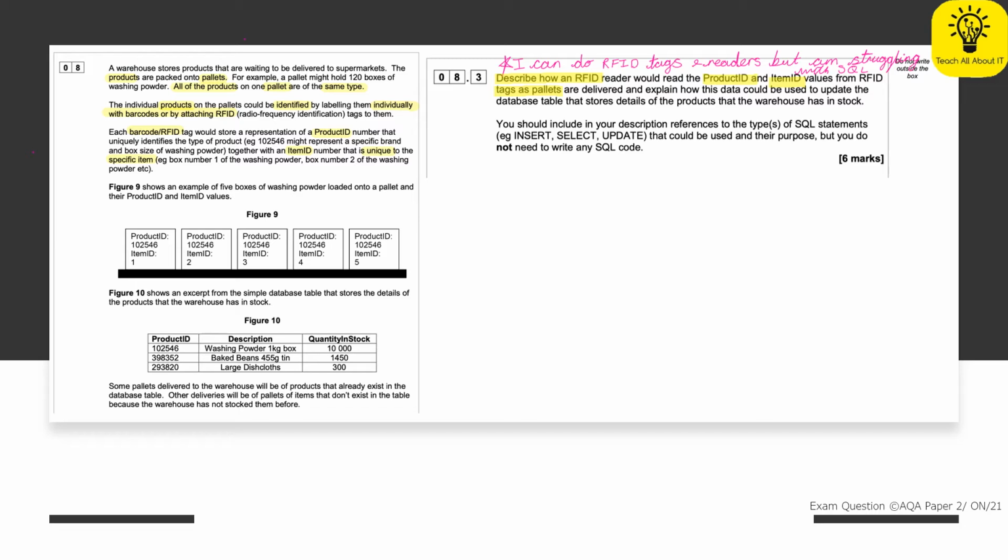If they haven't already defined it, then we probably want to do that. Now, all they've told us at this point is that RFID stands for radio frequency identification, and that it's going to actually store these two pieces of data. So here I may well explain why I would be using RFID, how it's scanned. I'm going to give a description or a definition.